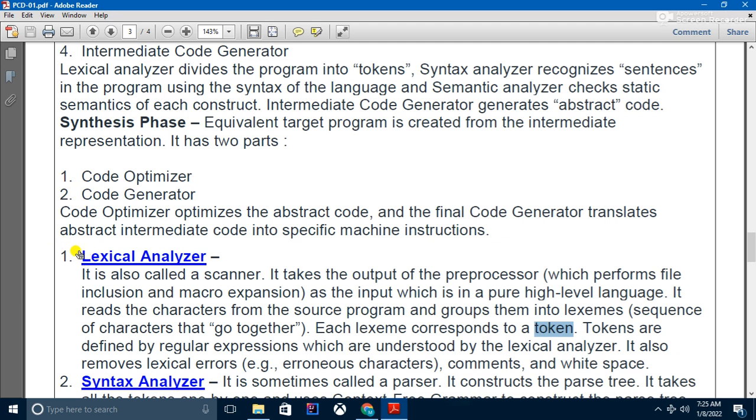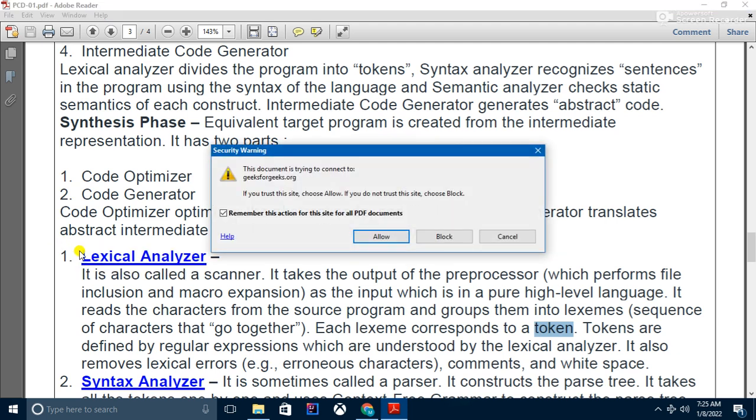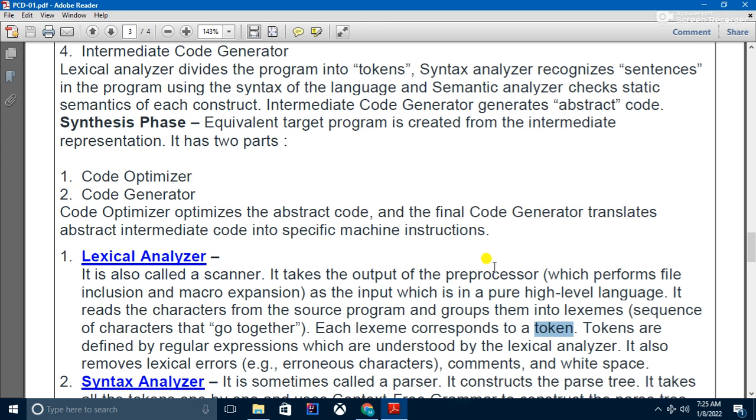So the basic functionality of the lexical analyzer is to read the source program character by character and group the characters into the basic elements that are called tokens or lexemes. Now what are tokens? Tokens are defined by regular expressions which are understood by the lexical analyzer, and it also removes lexical errors, that is, error characters or something like that, comments and white spaces.